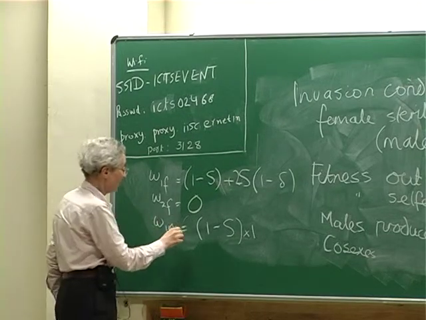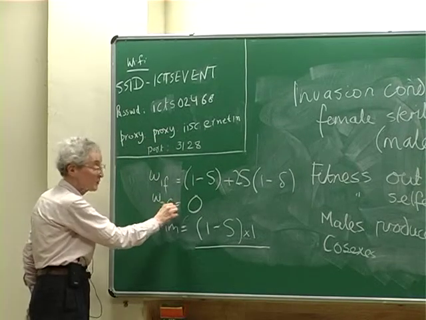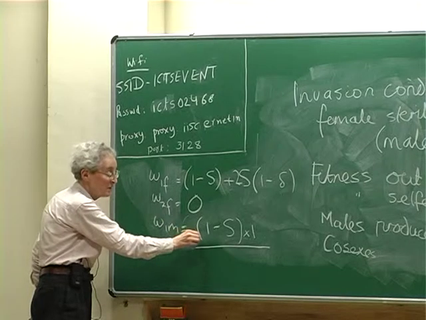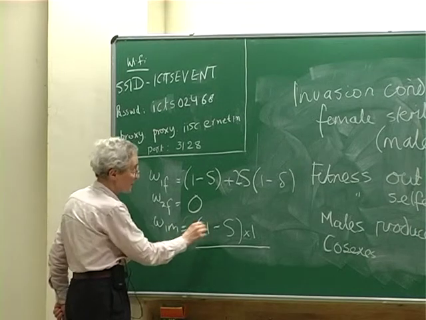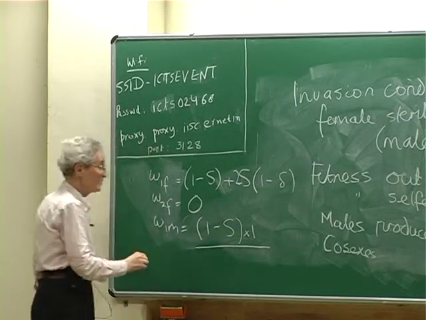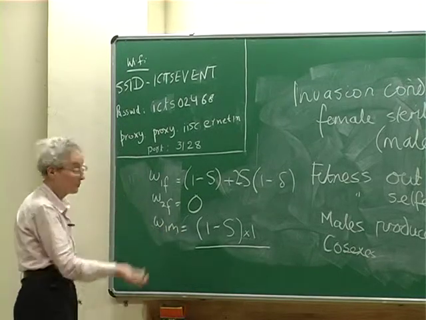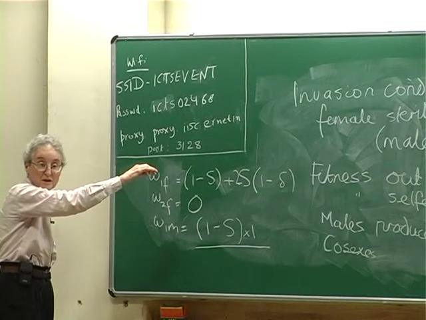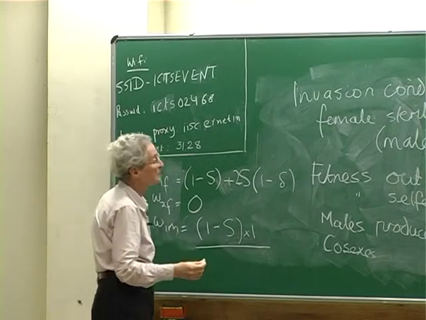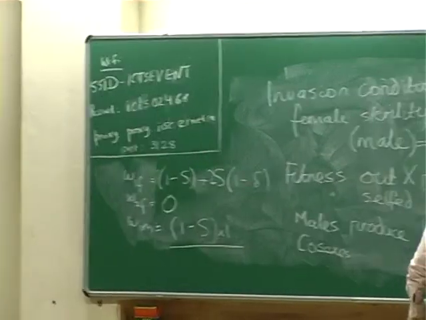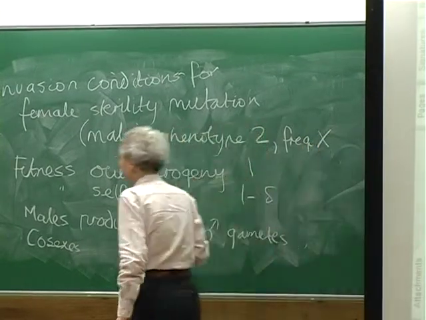But we have to consider that some of the male gametes will come from the other phenotypes. This is now not independent of the rest of the population. So out of these 1 minus S, some of them will be fertilized by pollen from this kind, and some of them will be fertilized by pollen from phenotype 2, which is male. So the frequencies would come in. So we have to have a frequency, we could call it X, of males.